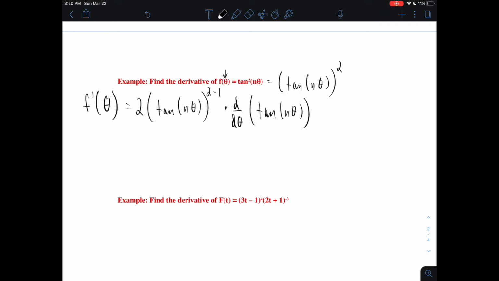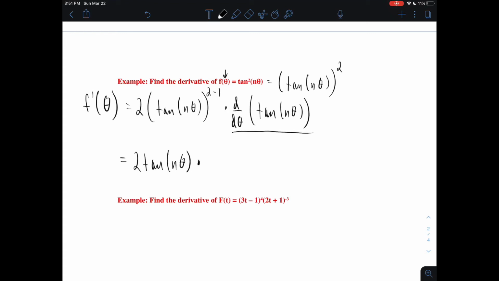Now you might notice, this derivative that I just wrote down also involves a composite function. Tangent of n theta means that we have n times theta inside the tangent function. So we're going to need the chain rule again. So just cleaning up what we have so far, first of all, 2 tan of n theta, that's what was left over.